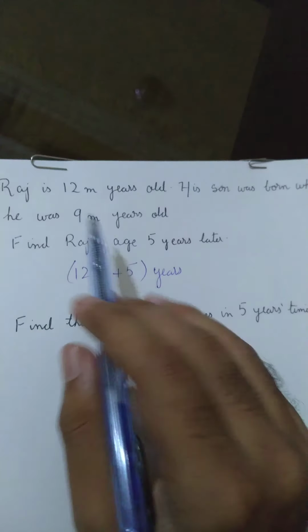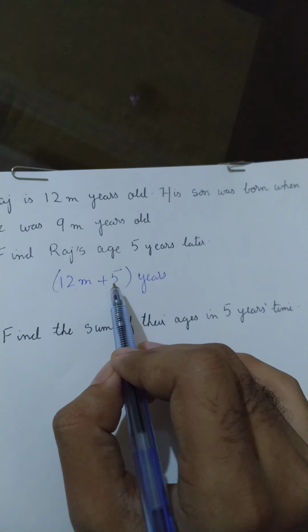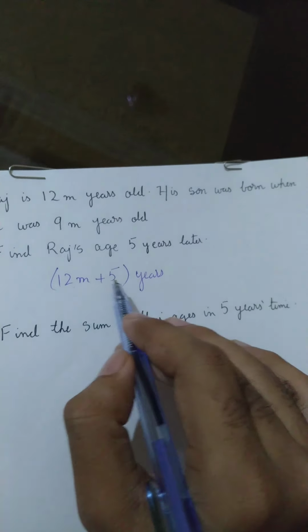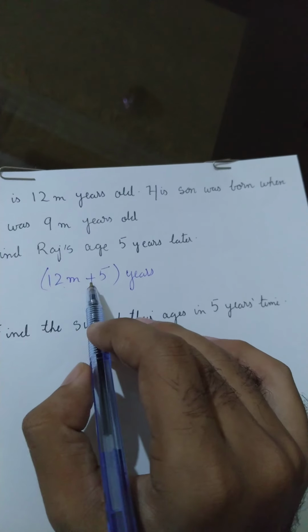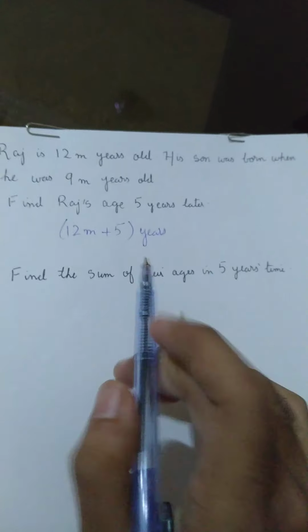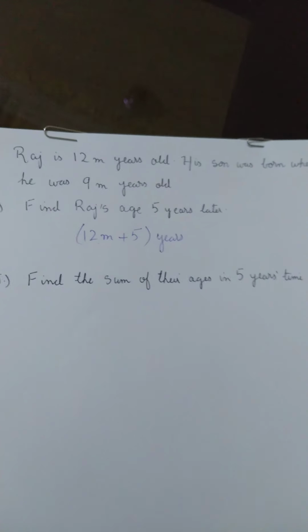Because 12m was Raj's age, plus only 5 means I have only added 5 years to his age. I don't know the value of m, so I've simply written m here and added 5 years. So 12m plus 5 years would be his age after 5 years.